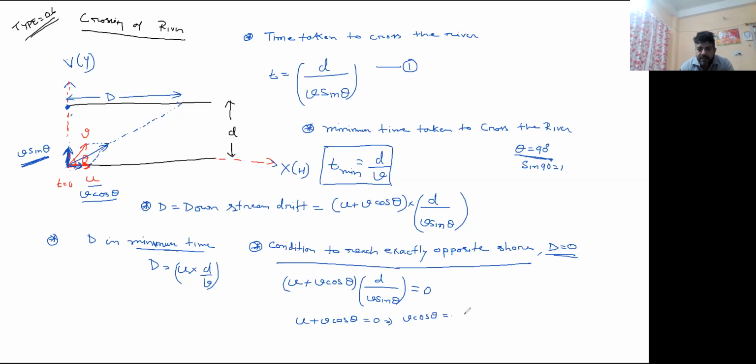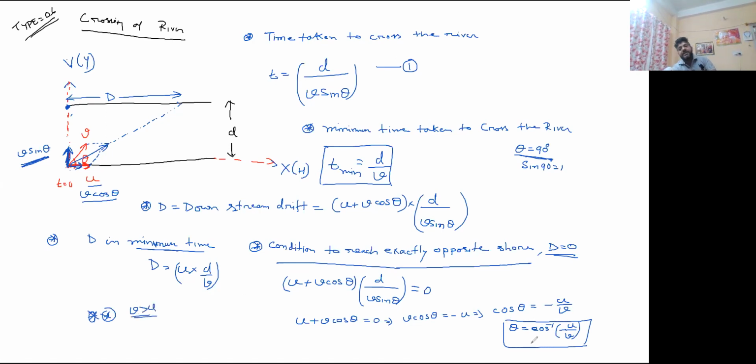V cos theta equals minus U, that means cos theta equals minus U by V, so theta is cos inverse of minus U by V. This is possible only when V must be greater than U. See, if U is greater than V, the value of cos theta is less than minus 1, which is not possible. Yes or no?